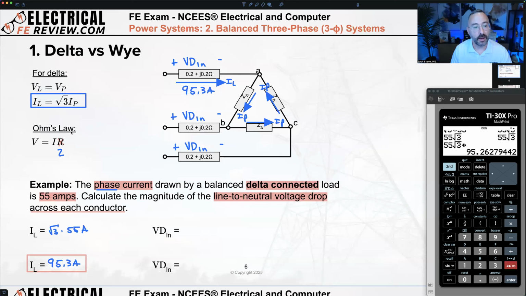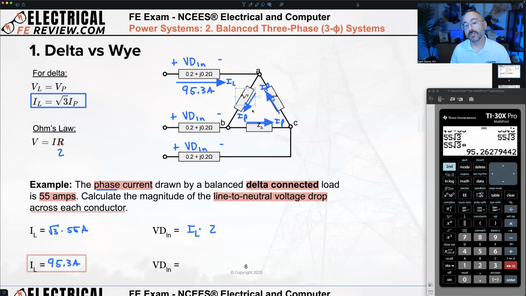And now I can use Ohm's law to solve for the line to neutral voltage drop. Ohm's law, V equals I times Z. If I want this voltage across this conductor, which current am I going to use? I've got to use the current that's flowing across that conductor. I've got to use the line current we just solved for, not the phase current. And then last, which impedance value?